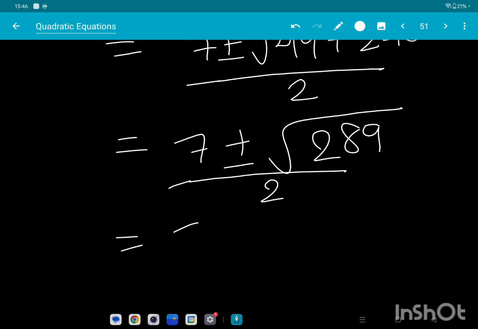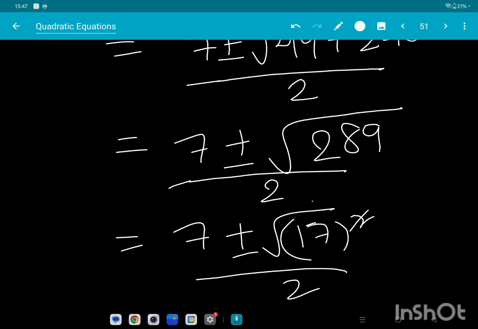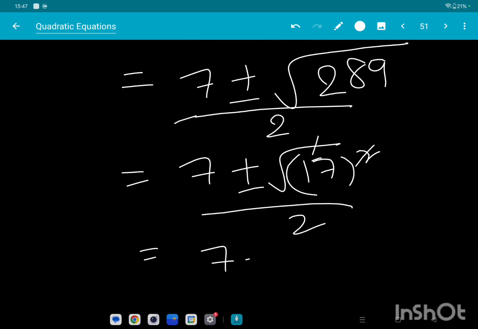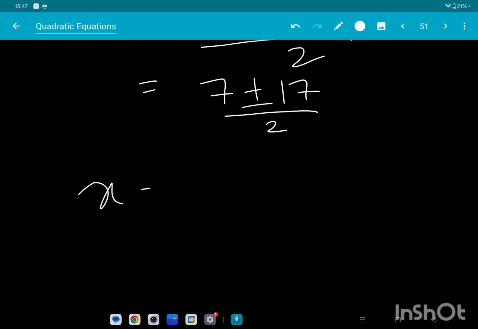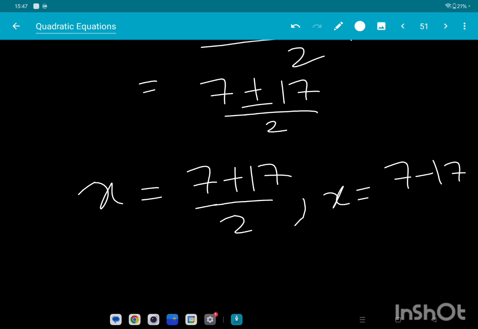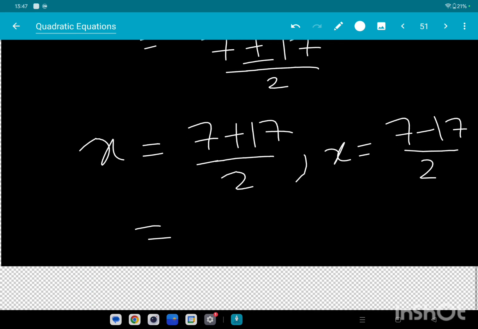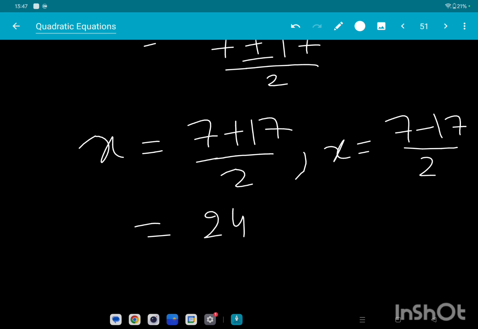What is the square root of 289? Root 17 square divided by 2. Square and square cancel. 7 plus or minus 17 by 2. Here there are two cases. x is equal to 7 plus 17 by 2, and another one is x equal to 7 minus 17 by 2. Here 17 plus 7 is 24 divided by 2, and the other, x is equal to minus 10 divided by 2.